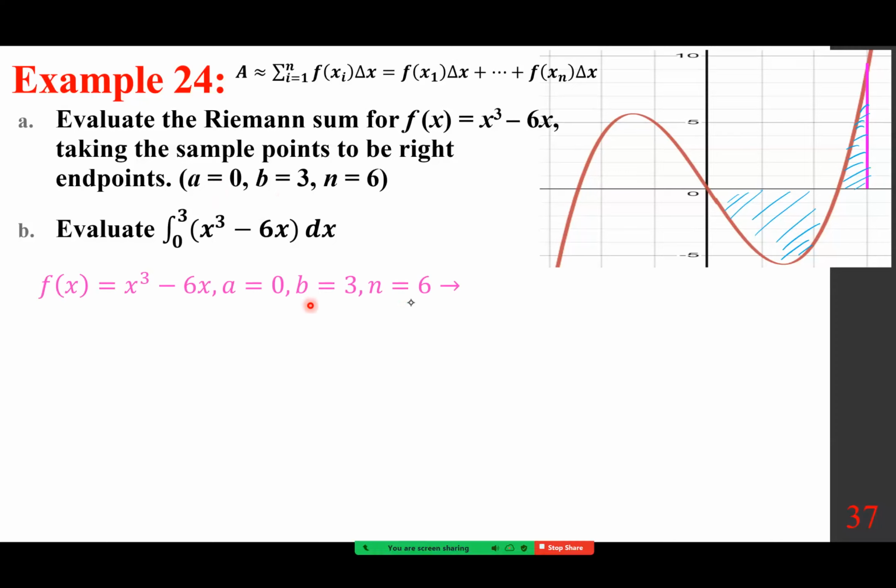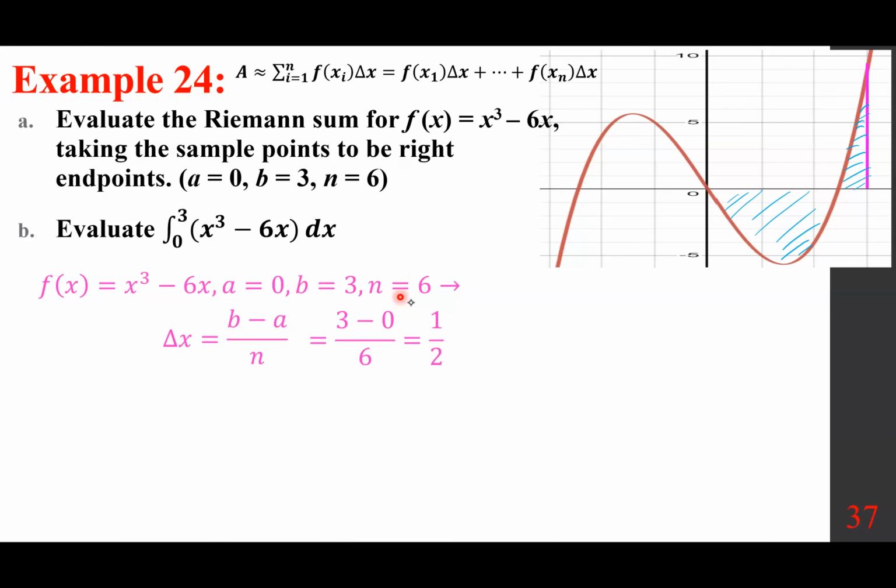So 3 minus 0 over 6, and we get 1/2. Okay. x sub i is a plus i delta x. We're going to use it for the next page.